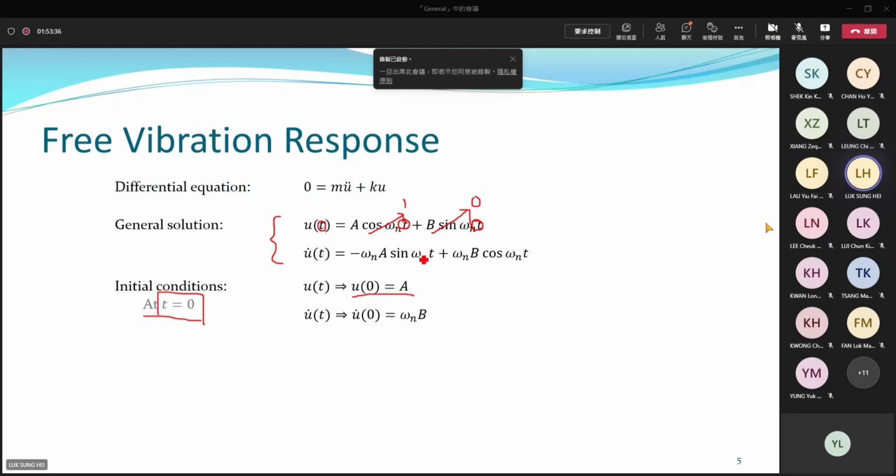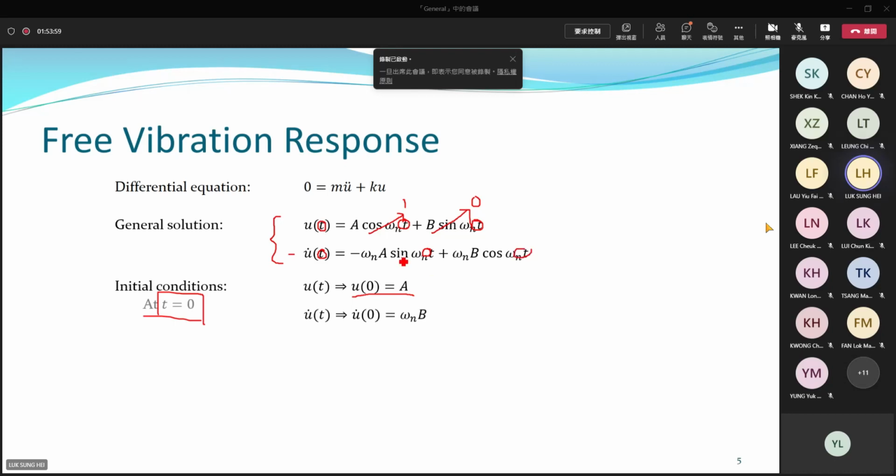Use a similar approach to find out B. You can use the second equation, the velocity, to find out B. Substitute t equal to 0 back into the velocity equation. u dot 0 equals minus omega A sine 0 plus omega B cosine 0.